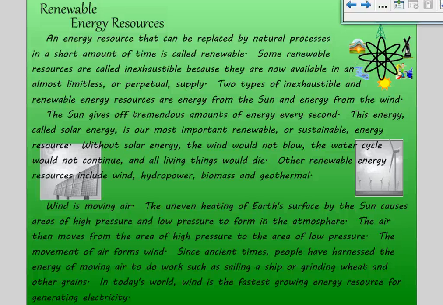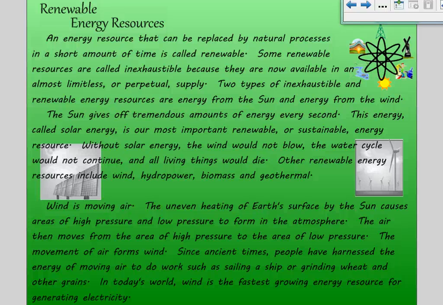Two types of inexhaustible and renewable energy resources are energy from the sun and energy from wind. The sun gives off tremendous amounts of energy every second. This energy, called solar energy, is our most important renewable or sustainable energy resource. Without solar energy, the wind would not blow, the water cycle would not continue, and all living things would die.